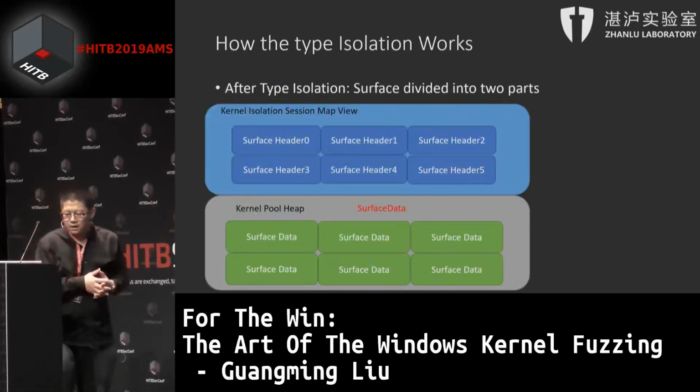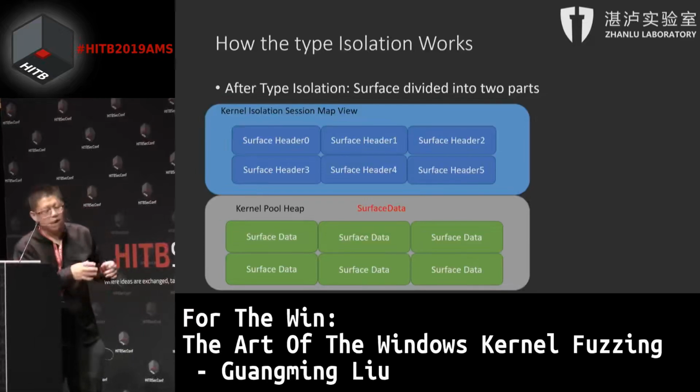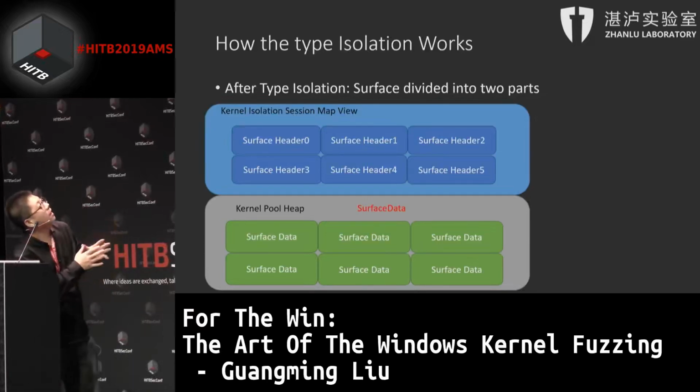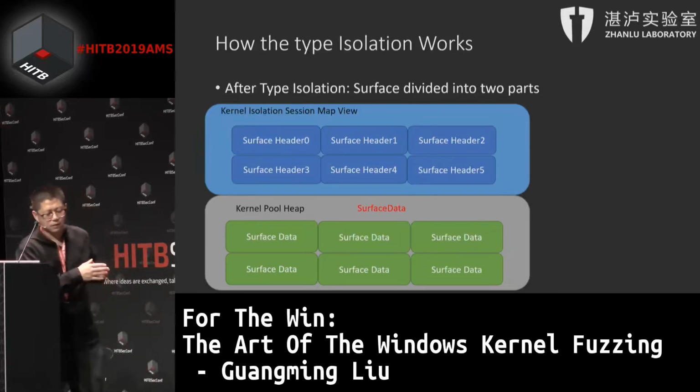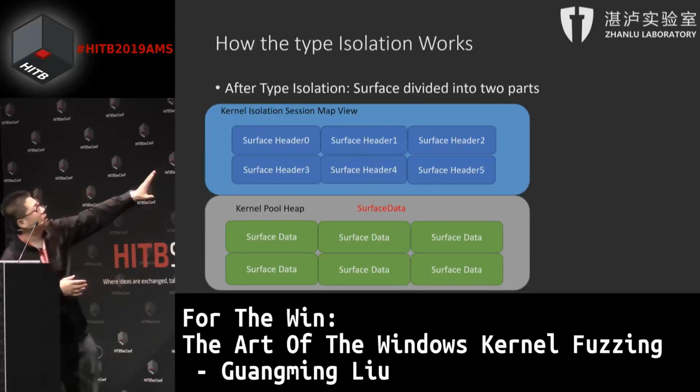After type isolation, the surface object will be divided into two parts. The header will be allocated in the kernel isolation session map view, and the data will be allocated in the heap.